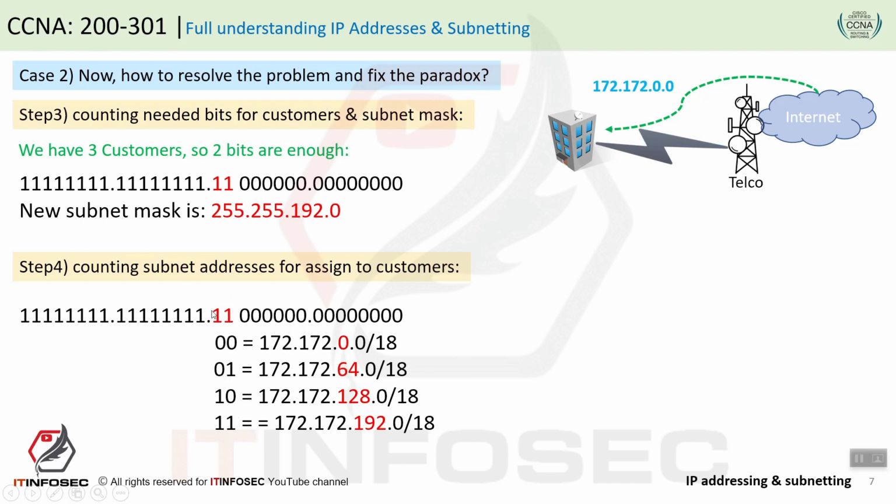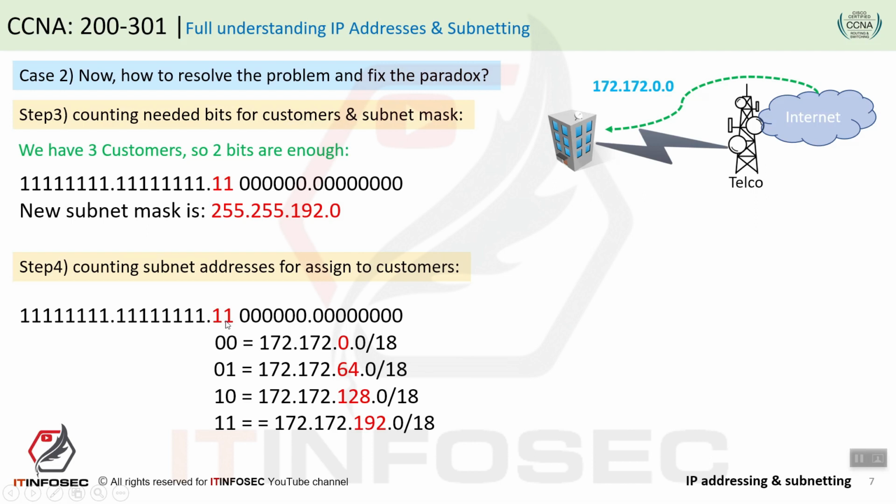As I said, the first bit in the 8 bits of each octet has value 128. The second is 64, 32, 16, 8, 4, 2, 1. And the sum of them will be 255.